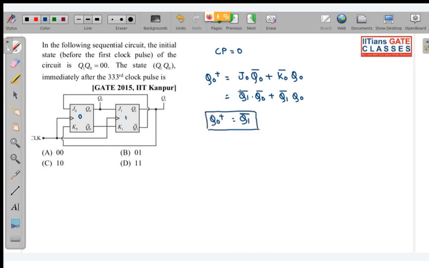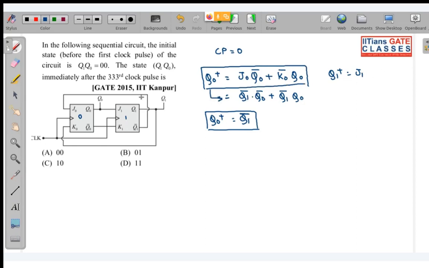Similarly, you can find Q1 plus. So Q1 plus is equal to J1 Q1 complement plus K1 complement Q1. Now in examination you are not going to write like this. Immediately this step should come up, directly.